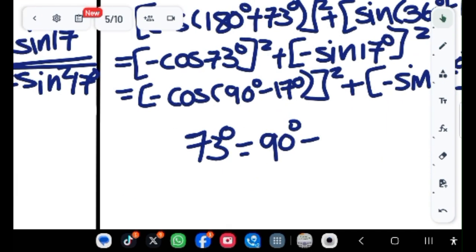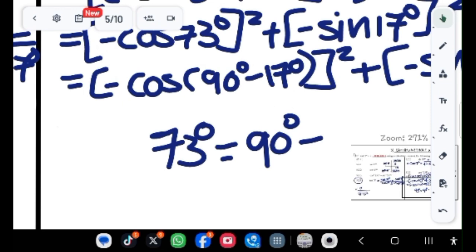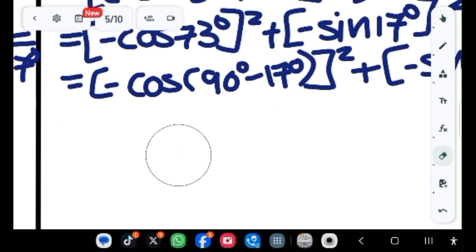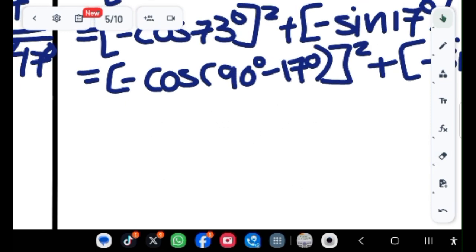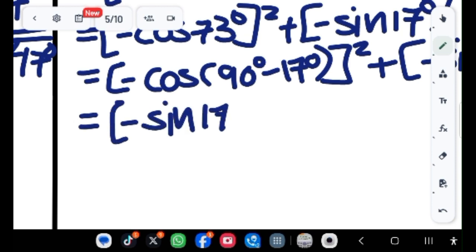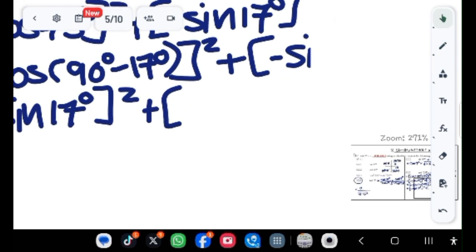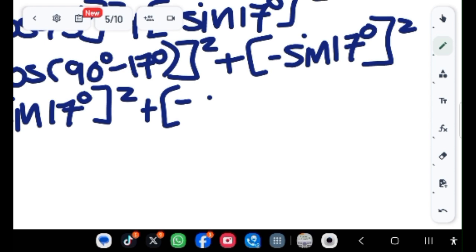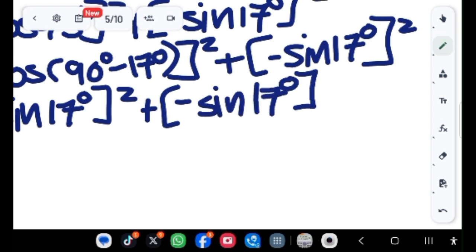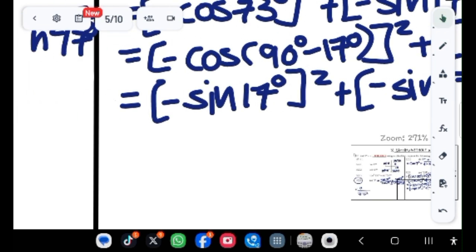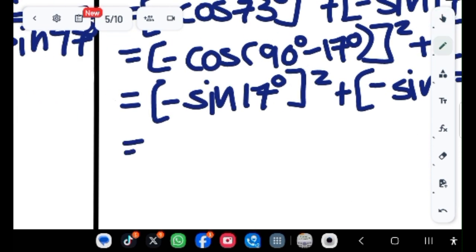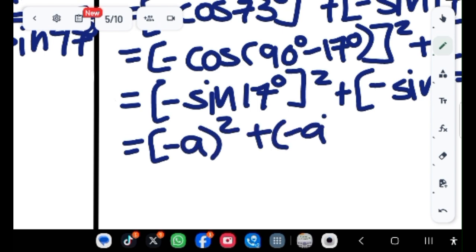Okay, cos of 90 minus 17, that is sine of 17 degrees, so that leads us to minus sine of 17 degrees all squared plus negative sine of 17 degrees all squared, which is equals to negative a all squared plus negative a all squared.